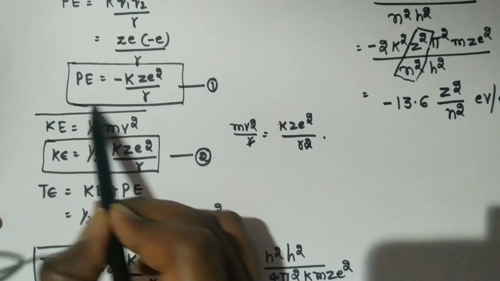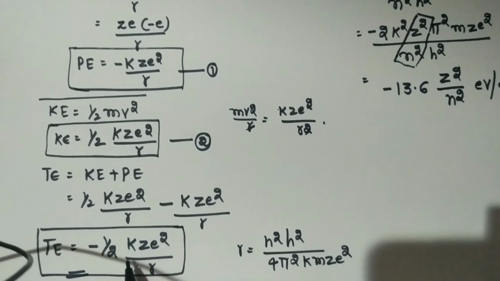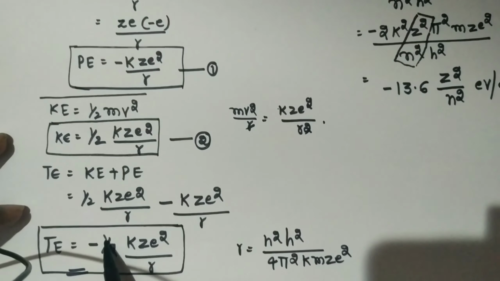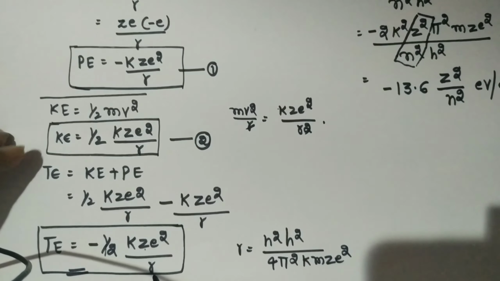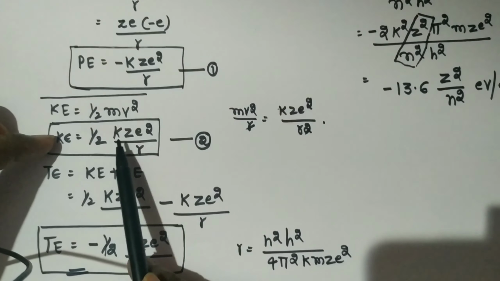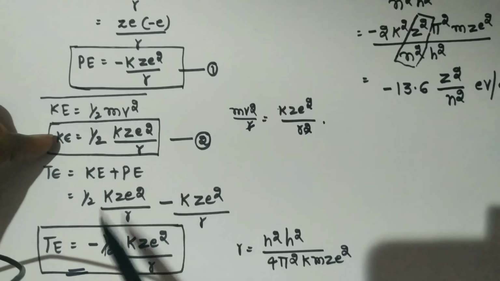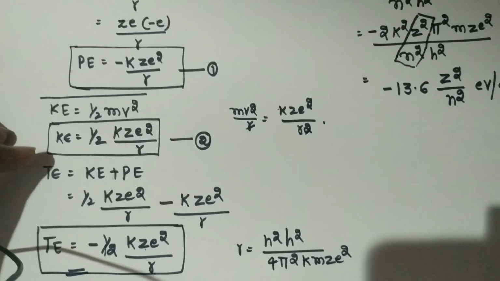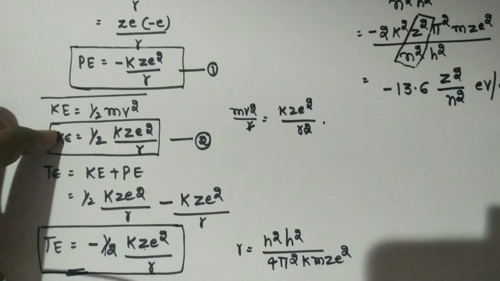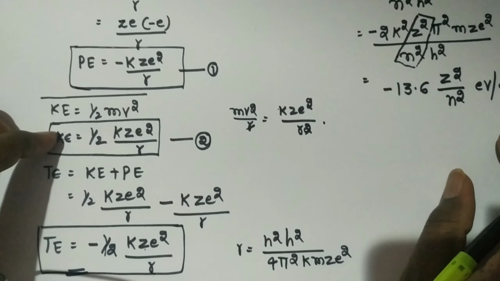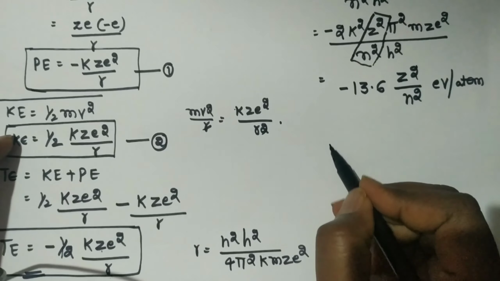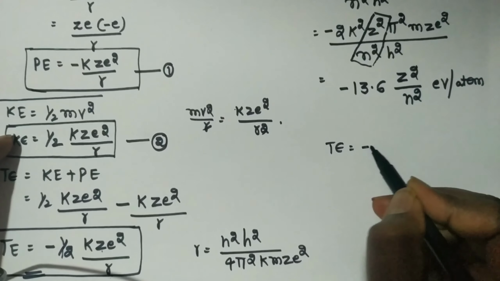Now see these three: total energy is minus of K Ze square upon 2r, kinetic energy is K Ze square upon 2r, only the negative sign is the difference. So total energy is equal to negative of kinetic energy, so we can write total energy is equal to minus KE.